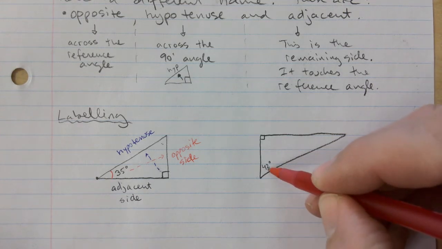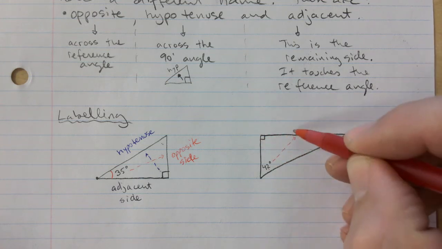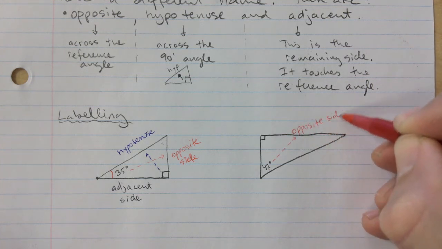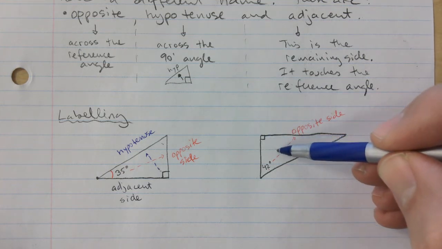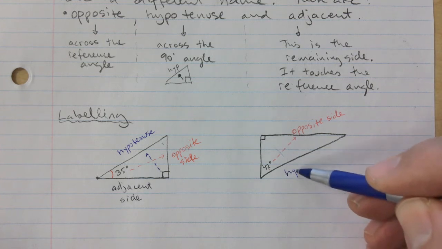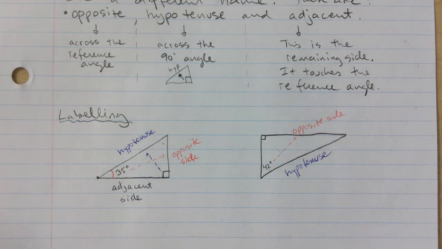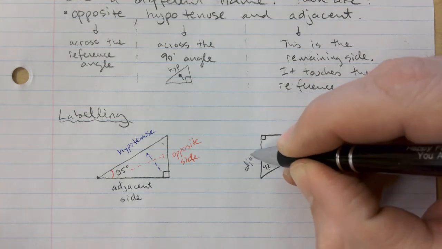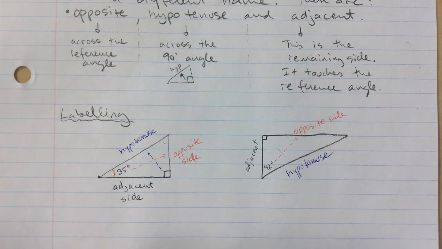This is the given angle. Move across till you hit the side. This is your opposite side. Then across the 90, this is the hypotenuse. And the last one must be the adjacent. So that's how you label. If you know how to do that, you're going to be in pretty good shape.